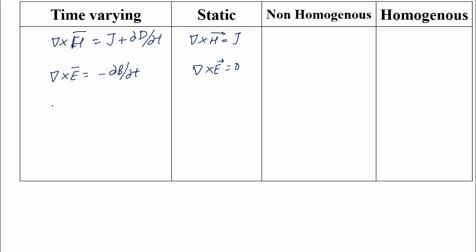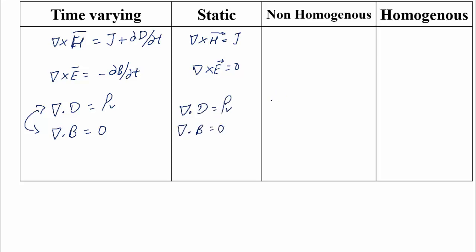And the next form is del dot D equals rho V and del dot B equals 0. So this is Gauss law.